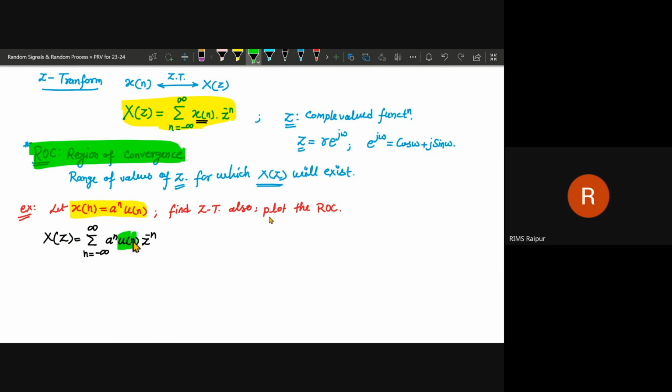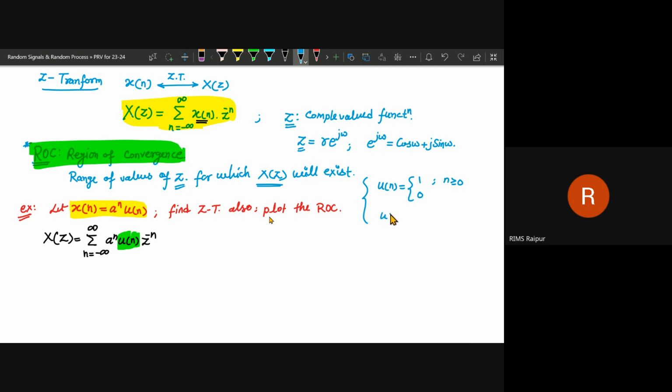Can anyone tell me what this u of n is? Yes, it is the unit step sequence. And how is it defined? Actually, the value of u of n is either 1 or 0. It is 1 when n is greater than or equal to 0, and it is defined only for integral values of n.